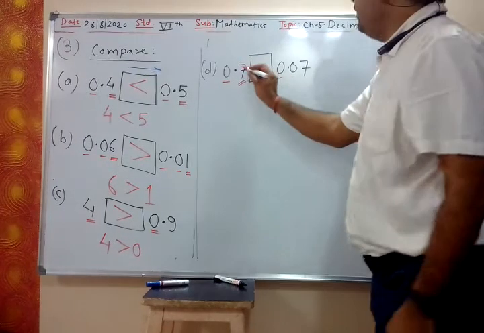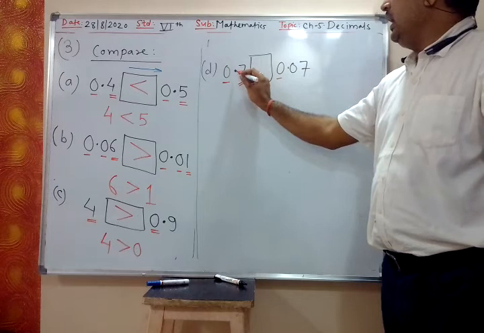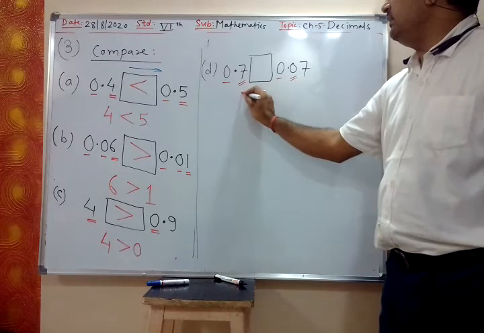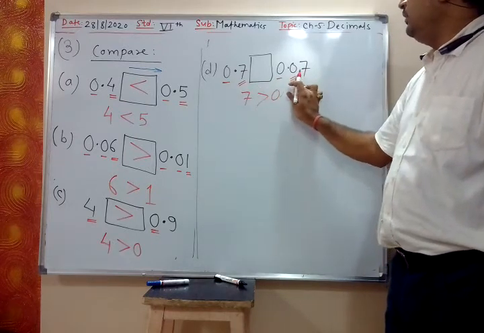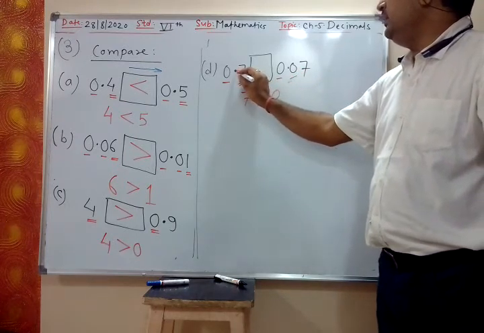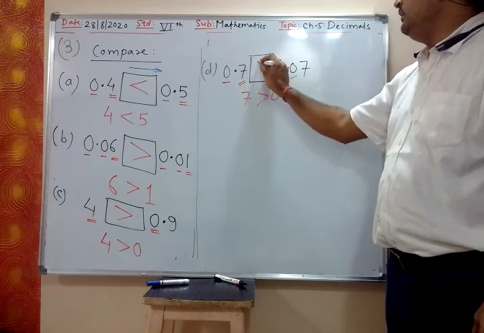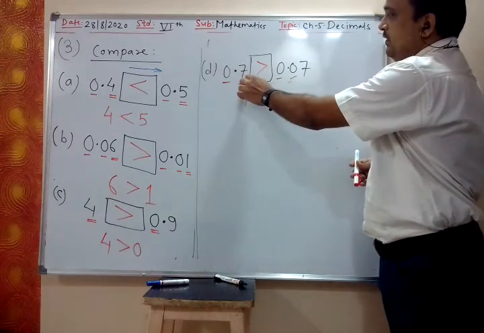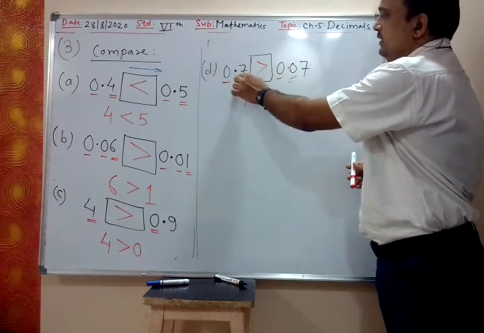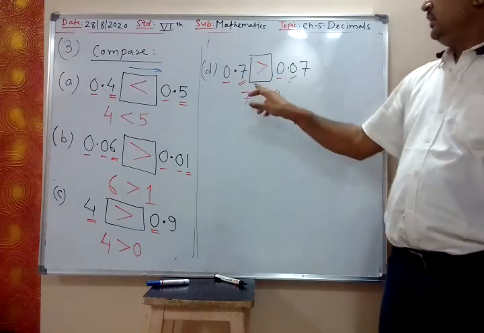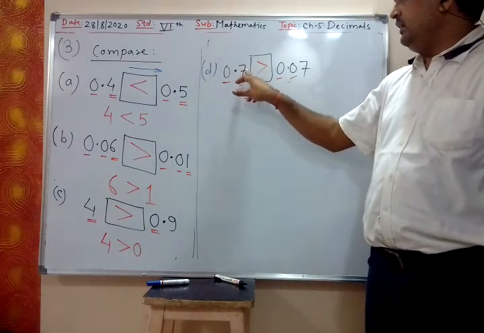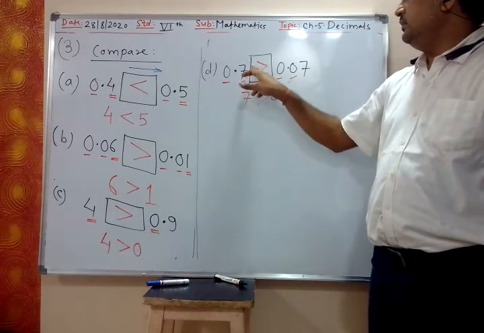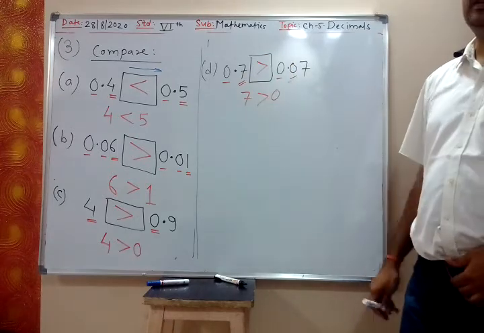Remember, after the point it is 7 and after the point it is 0. 7 is greater than 0. So 0.7 will be greater than 0.07. This you remember.